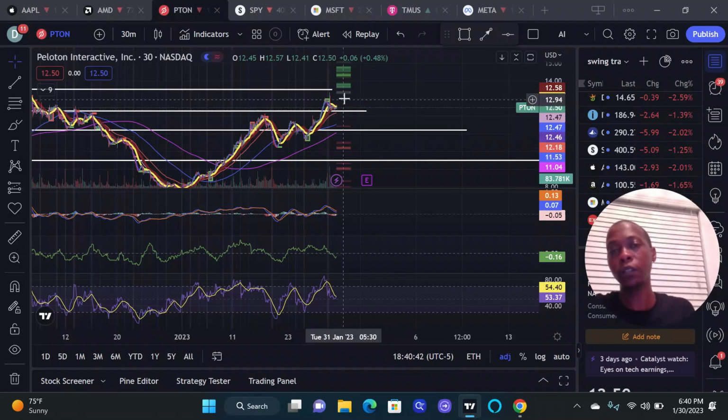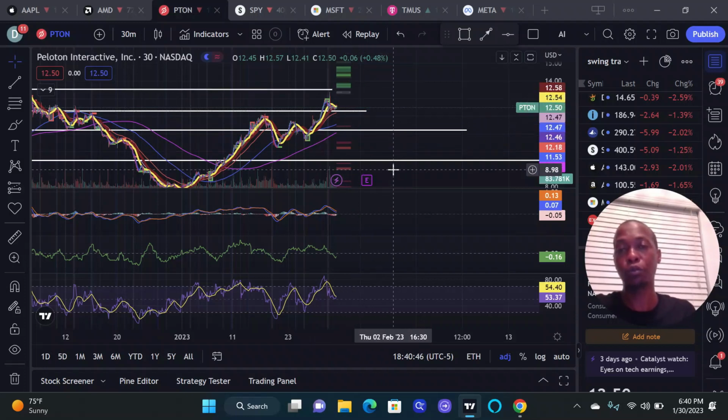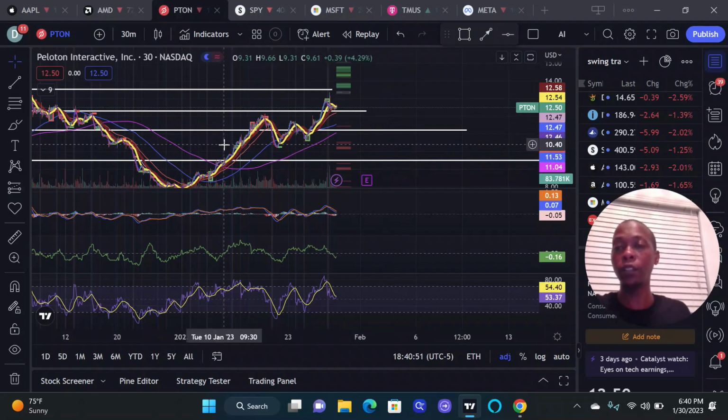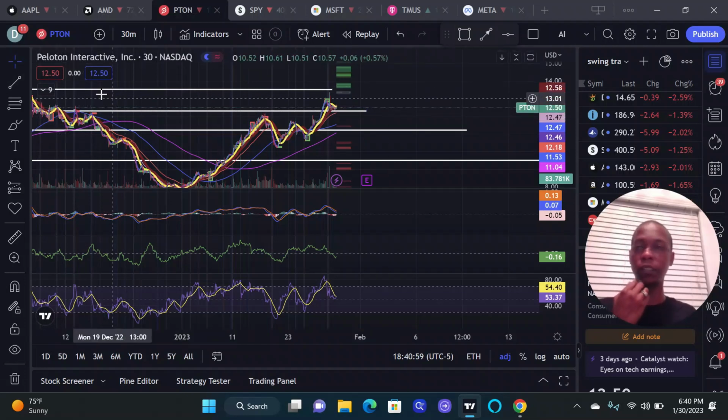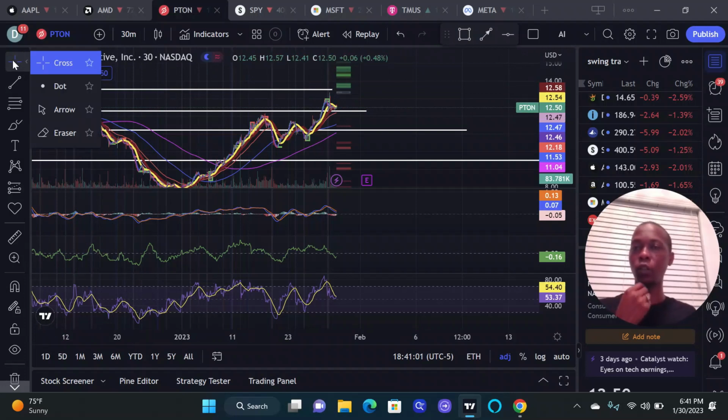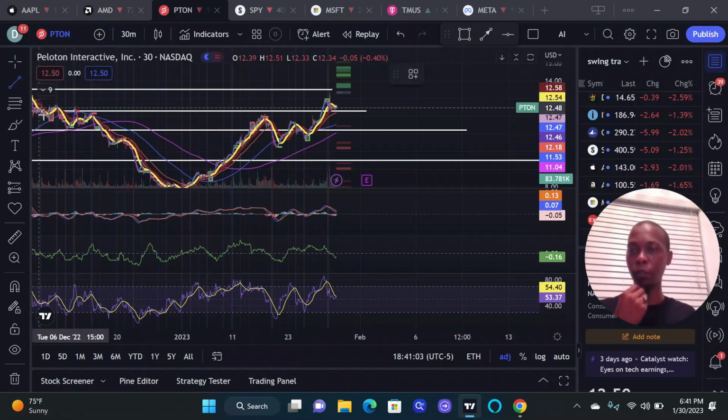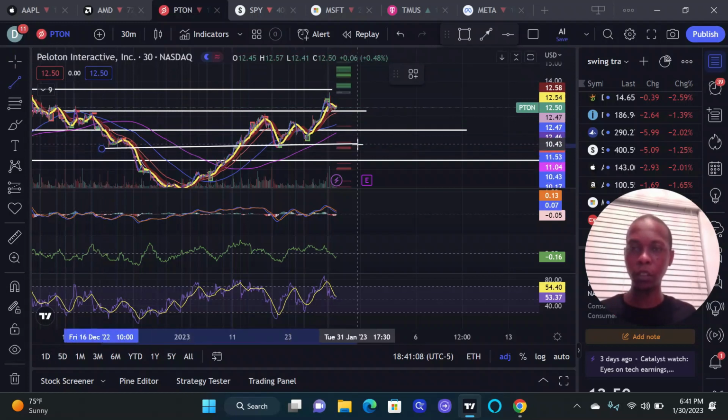I'm thinking it's gonna come down, retest, and then again, not way down here, but right here. And just for kicks and giggles, we're gonna put another line right here because this is where we're predicting it's coming to.